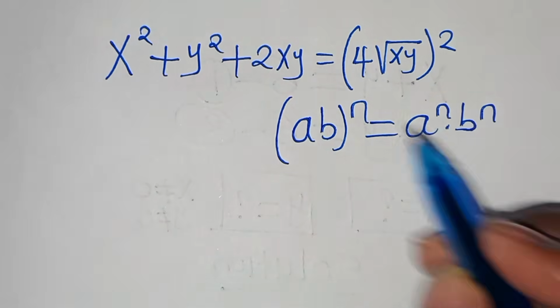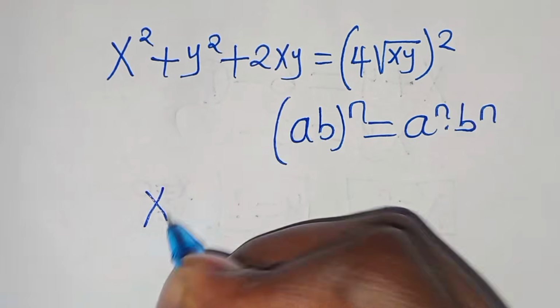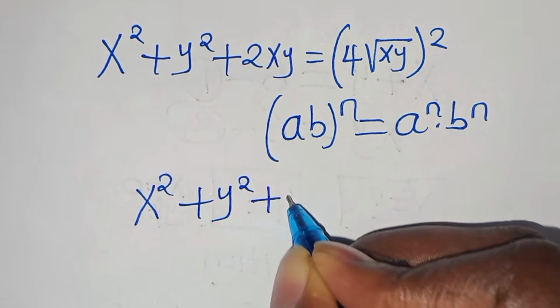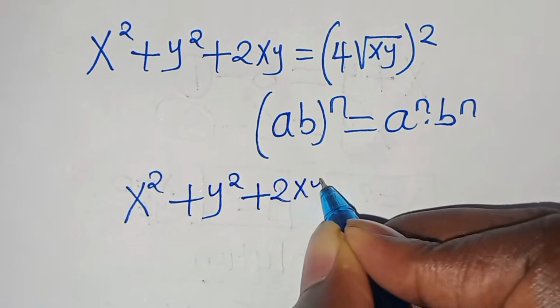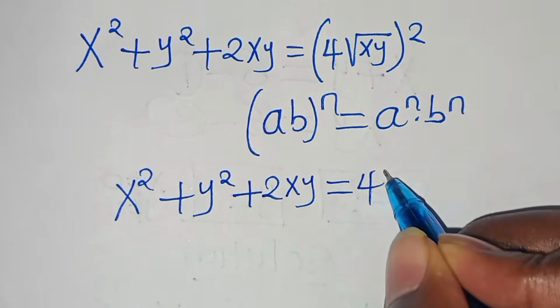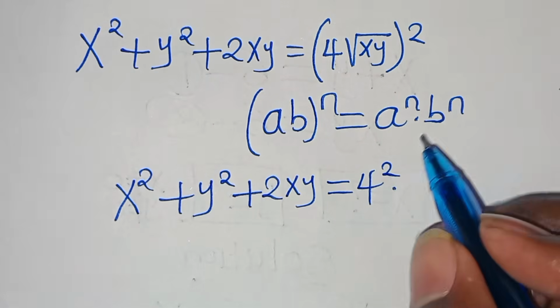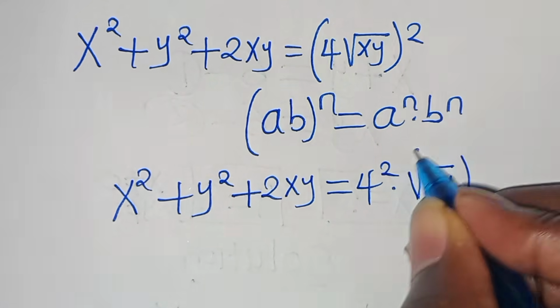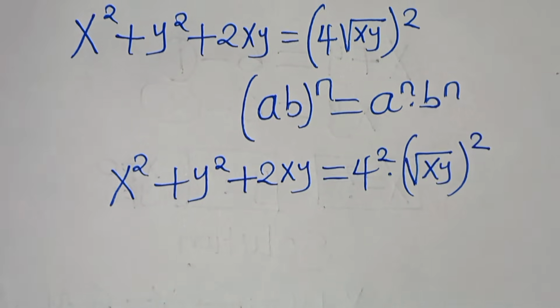Let's apply this property here, so that now we have x squared plus y squared plus 2xy equal to 4 squared times the square root of xy raised to the power of 2.